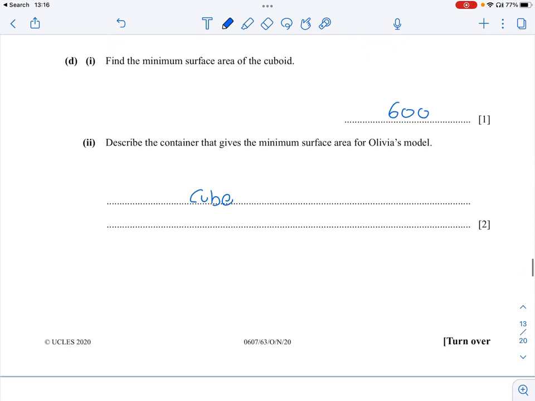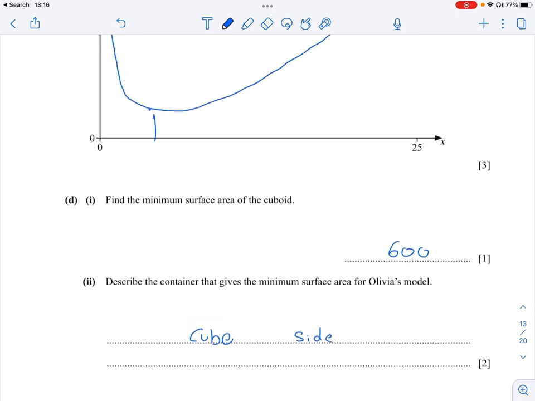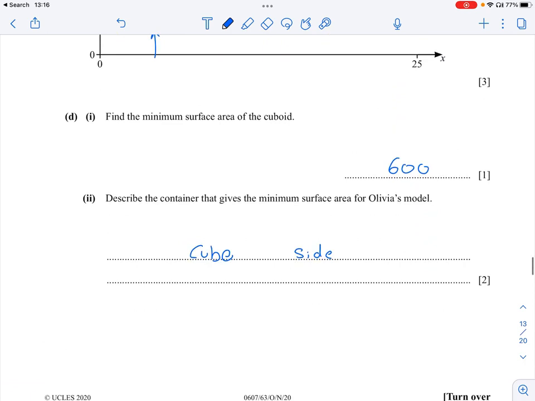And the side, from the calculator, should be 10 centimeters. The minimum value from the graphing calculator gives 10 comma 600. So the minimum surface area is 600 and it occurs at 10, so it should be a cube of side 10 centimeters.